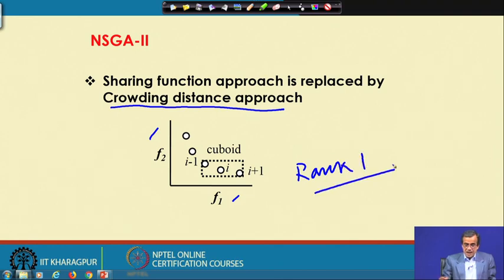Now, I will have to find the solutions for the mating pool. Supposing that I concentrate on a particular solution, the ith solution, and I want to find the crowding distance value corresponding to it.